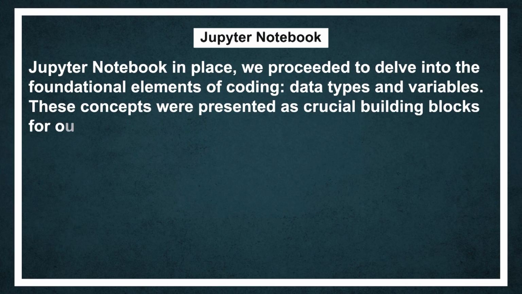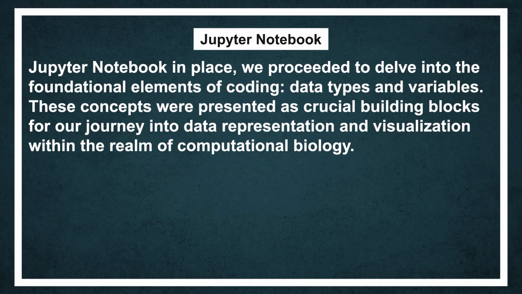With Jupyter Notebook in place, we proceeded to delve into the foundational elements of coding. The first thing that we learned was data types and variables. These concepts were presented as crucial building blocks for our journey into data representation and visualization within the realm of computational biology.